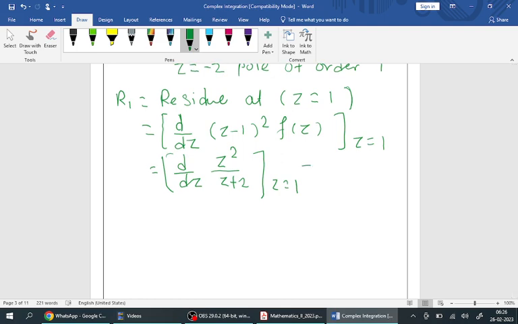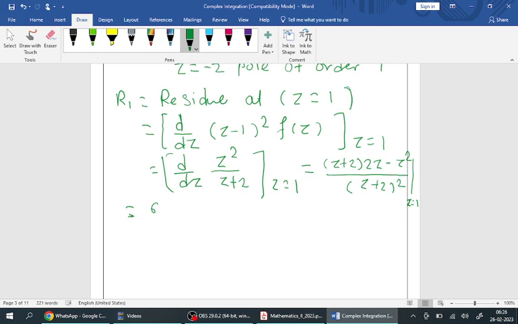The denominator is z plus 2, into the derivative of the numerator, which is 2z, minus the numerator, which is z square, times the derivative of the denominator, which is 1, upon the denominator square, which is (z plus 2) square, at z equal to 1. So we replace z by 1 throughout. Simplifying, 1 plus 2 is 3, and 3 into 2 is 6.